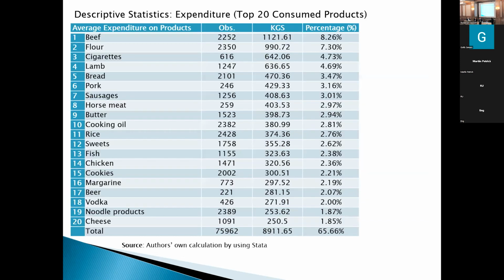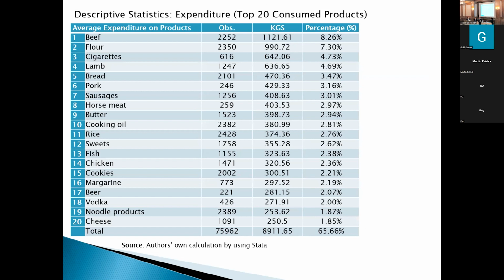And here are the top 20 products consumed by households in 2016. At the top, we can see that beef and flour are more than 15%. In total, in our data set there are actually 48 products, but here we have given just 20 of them.